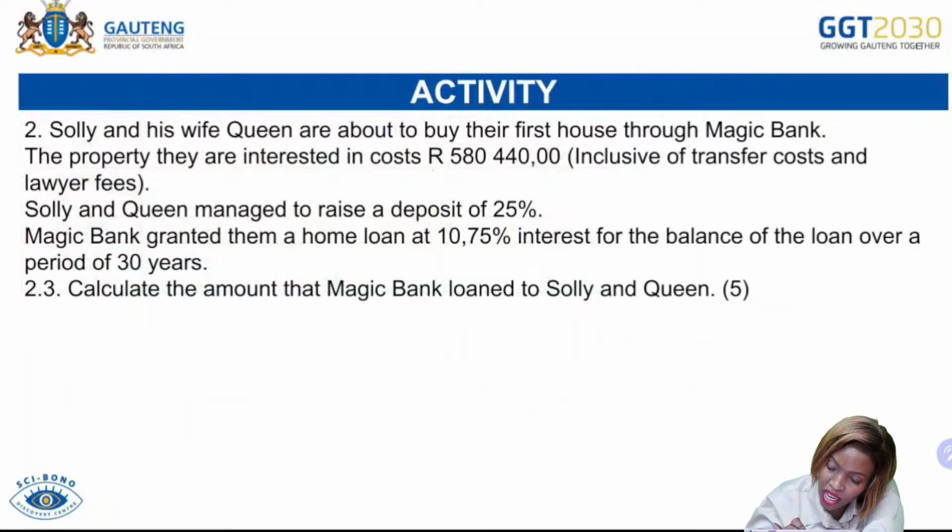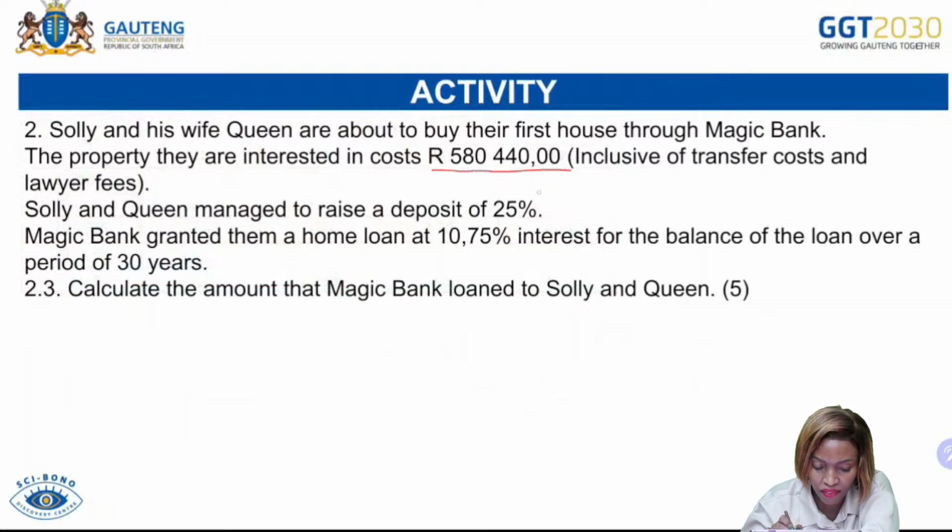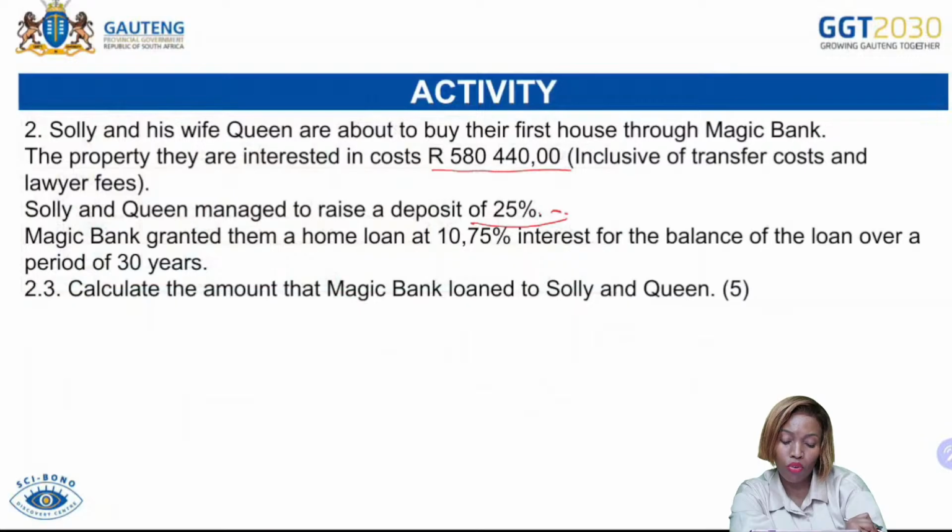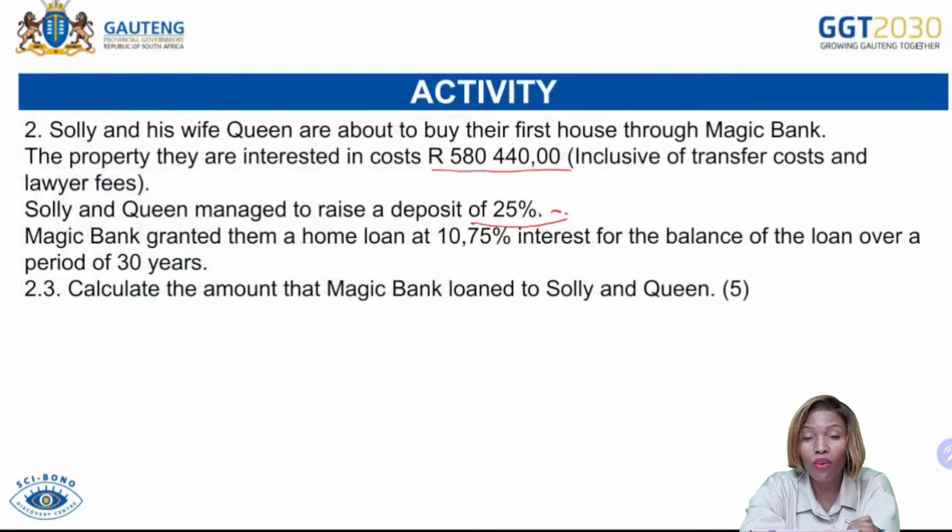Remember, they needed a loan of 580,440, but they had to raise a deposit of 25%. After getting the 25%, how much money did they take from the bank? I'm going to give you just 1 minute to do this one. Once you are done, we will compare our solutions. I will give you the answers, then you can mark yourselves to see whether you are on the right track or not. 1 minute, I'll be back.